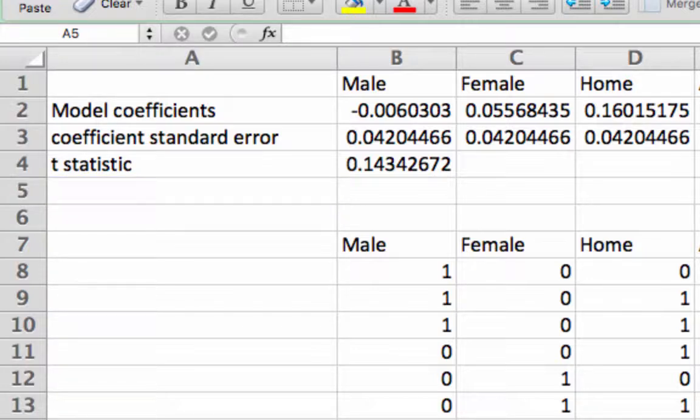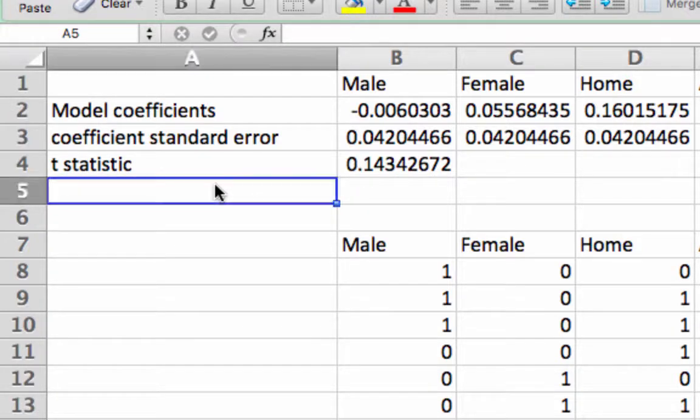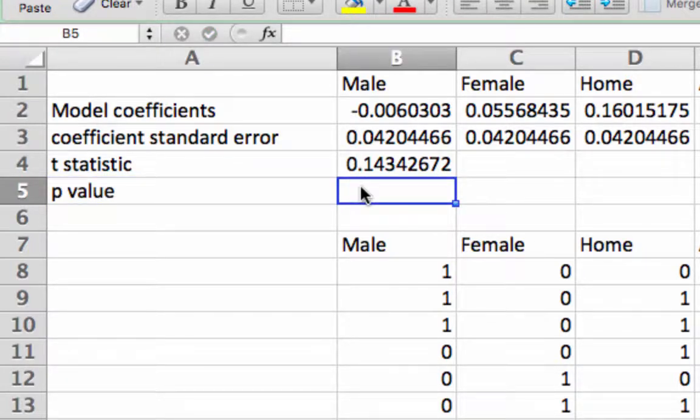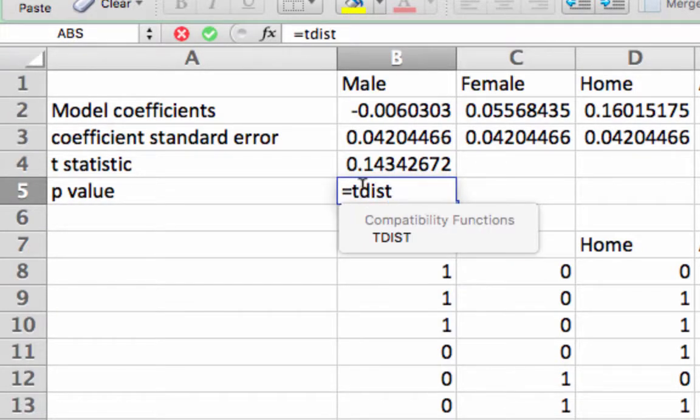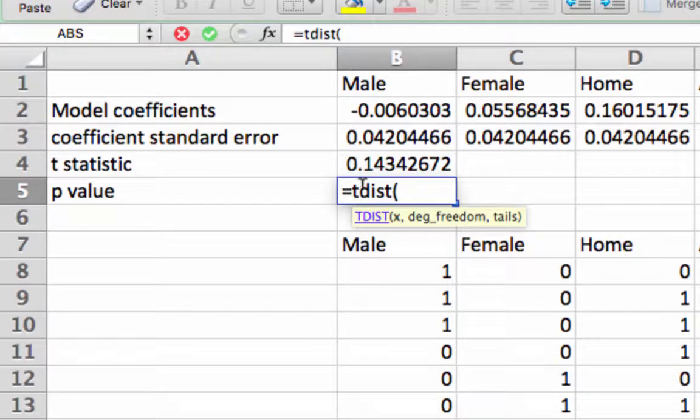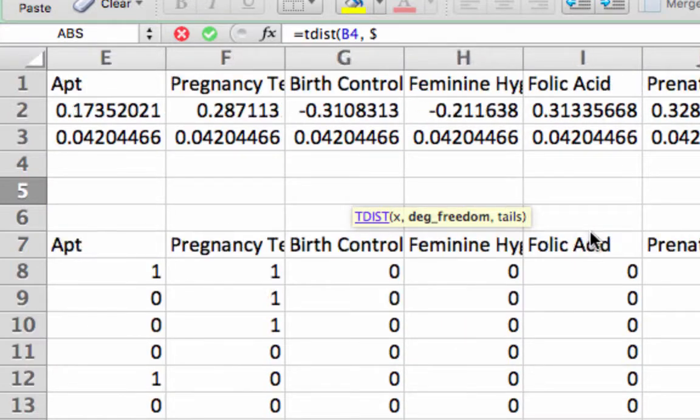So similar to the f-dist, we have the t-dist. So let's just call this the p-value, and all we have to do in this cell is type in equals t-dist, and then put in cell B4, the t-statistic. And then we also want to put in a constant Z3.